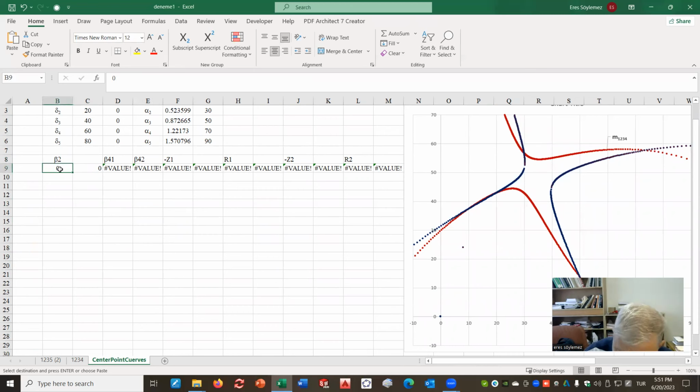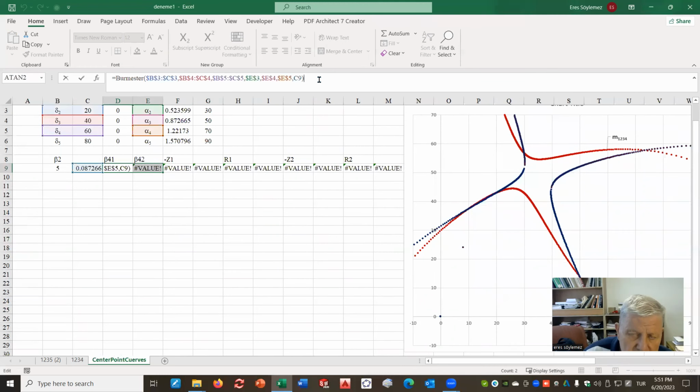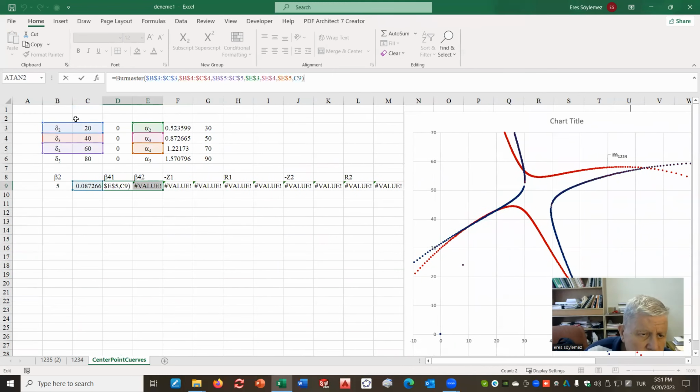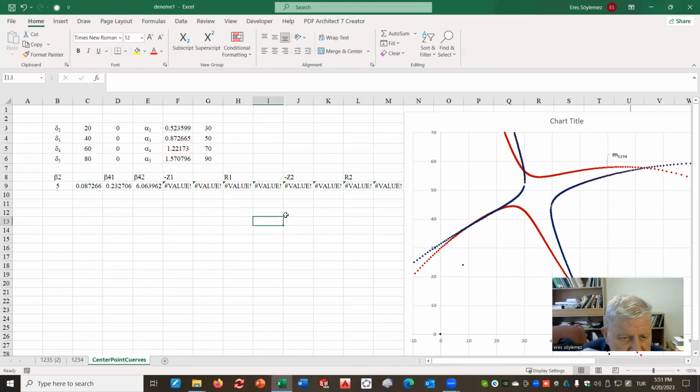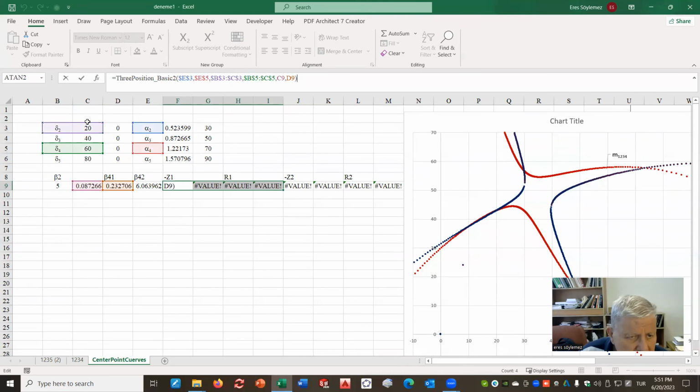This is 0. Let me take it 5 degrees. That's in radians. First of all, I have used Burmester to determine those points. I have to move these, and alphas in radians, like this. Control Shift Enter. Those are the angle values. I can check it in a minute. I'll mark these cells. Again, I have a problem.